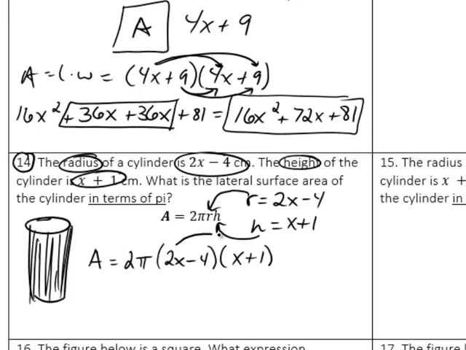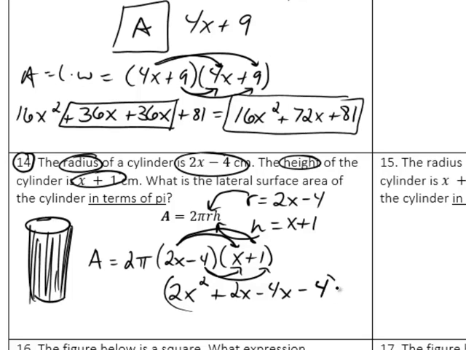So we're going to have 2x times x, 2x times 1, which is 2x squared and plus 2x. Now, negative 4 times x is negative 4x, negative 4 times 1 is negative 4.